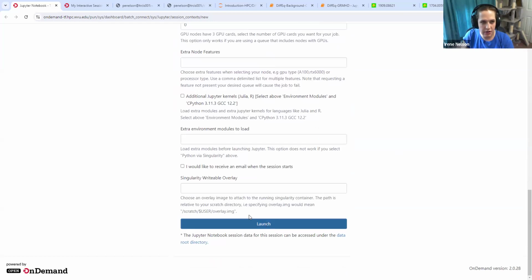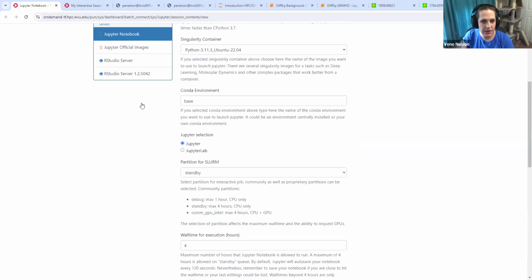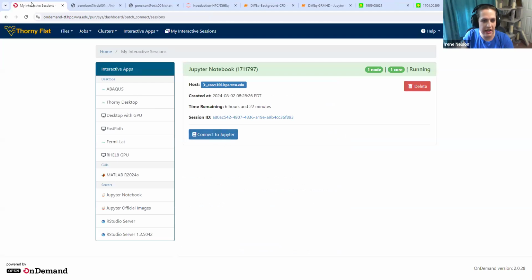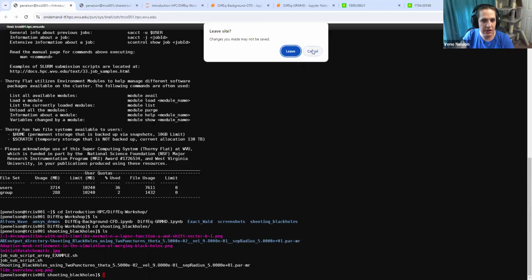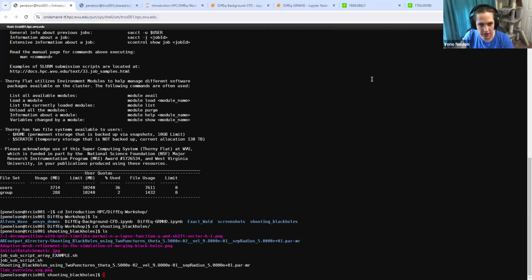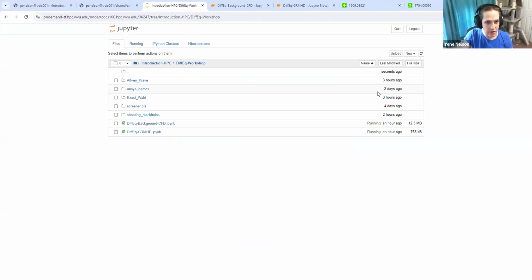And then you can just click launch to do that. I will just use the one connect to Jupyter that I already have open, which will give us a screen that looks a bit like this. So navigating to this subfolder, DiffyQ Workshop. This one will be the one that we are mostly working from today.